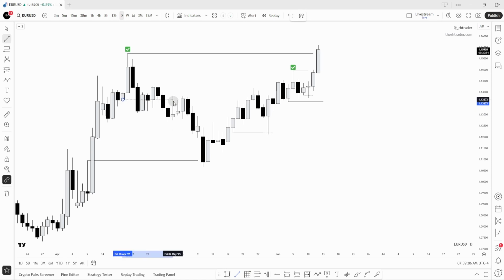So we have that right here. Is there a fair value gap in the swing point from here to here? Yes, we do. We have one right here.